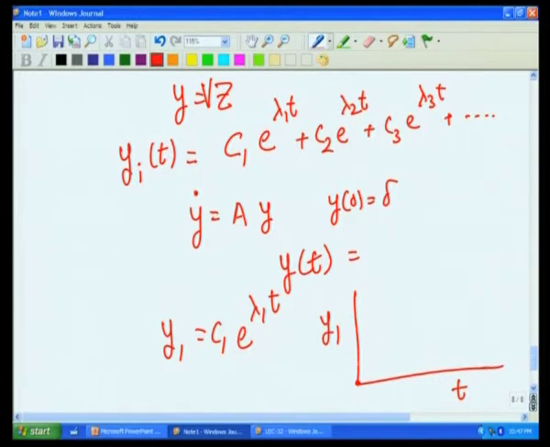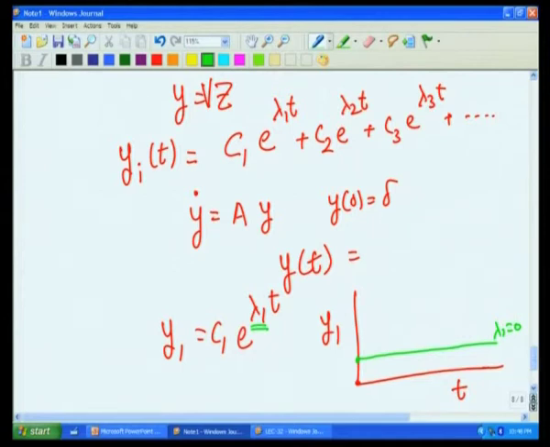Suppose I start at t equal to 0 somewhere over here. What will happen as time progresses will depend upon the magnitude and the sign of this lambda 1. Suppose lambda 1 is 0, then the solution will remain something like this. This is for lambda 1 equal to 0.